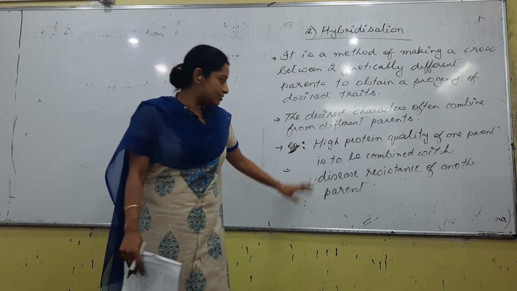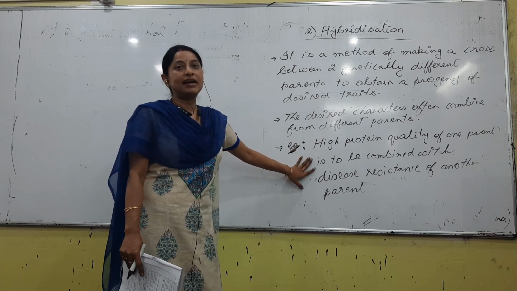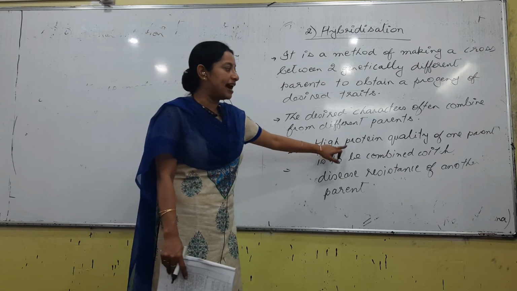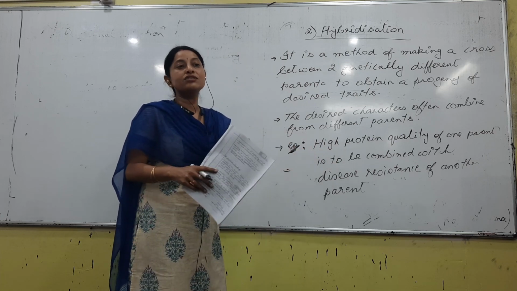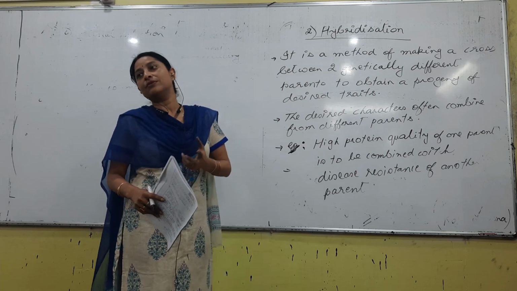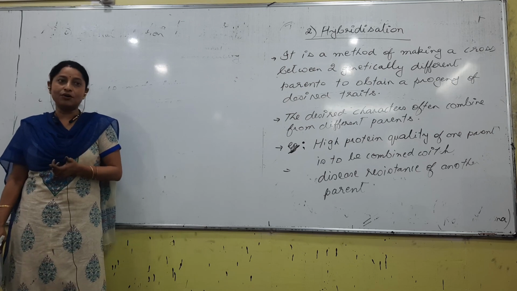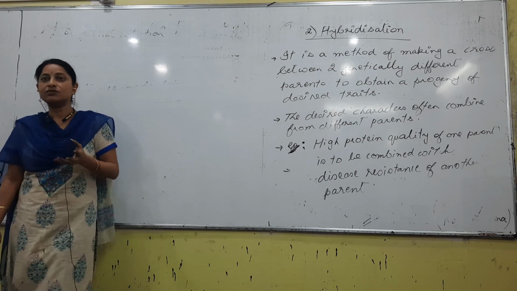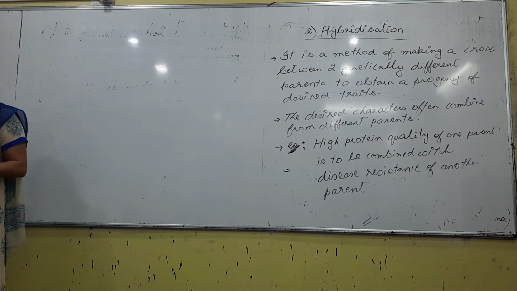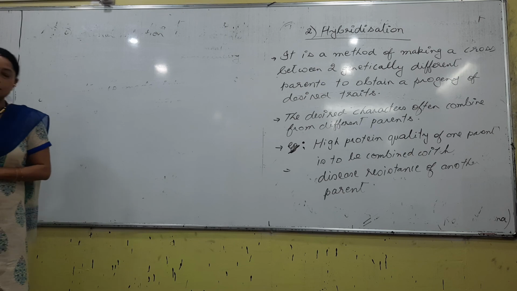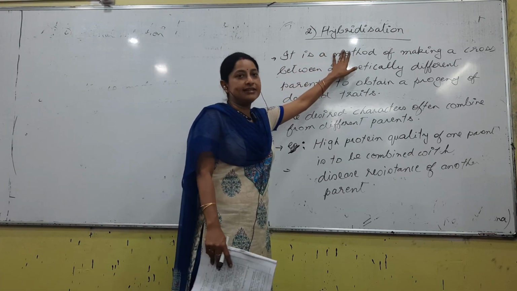So this is the example that we have given: we are combining two plants, one plant with high protein and another plant with disease resistance, right? If you cross the two plants, the offspring produced will have the best protein quantity, plus it will be disease resistant, so that would be a desired plant that we wanted. And for the desired plant we do plant breeding, right? So for the process of plant breeding we can go for hybridization also. Is this clear?